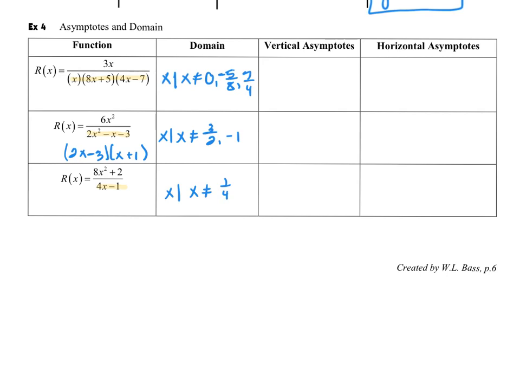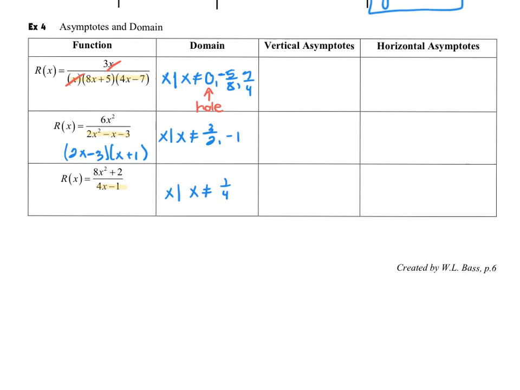For vertical asymptotes, we need to do one other thing first. We need to look at our rational functions and determine if anything cancels. On our first one, I can see that these x's should cancel out. That means that this 0 will become a hole, and you'll learn more about that in the next lesson.